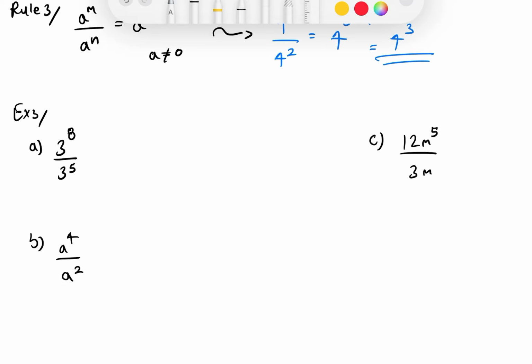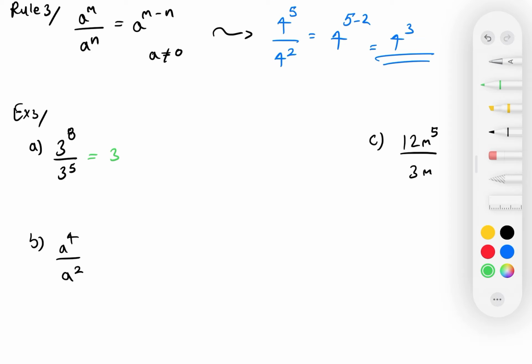Now, one thing you have to be careful about is, first of all, 3 to the power of 8 over 3 to the power of 5 is the same rule, so you can write them with the same base, but just subtract their powers. So 8 minus 5 gives you 3 to the power of 3, which you can evaluate, but you don't have to right now, unless the question asks you to leave it in the simplest form.